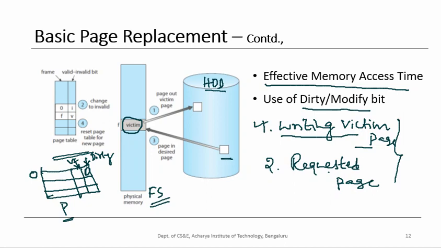If it is 0, then you need not write the victim page back onto the hard disk. That will bring the effective memory access time down or improve the effective memory access time. This is one of the approaches used to reduce the effective memory access time.